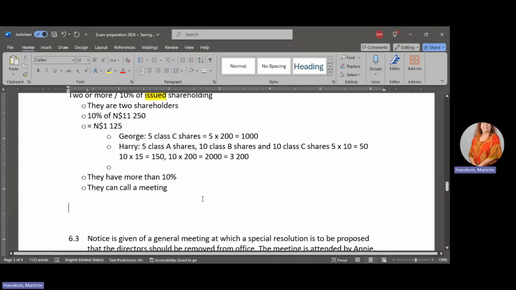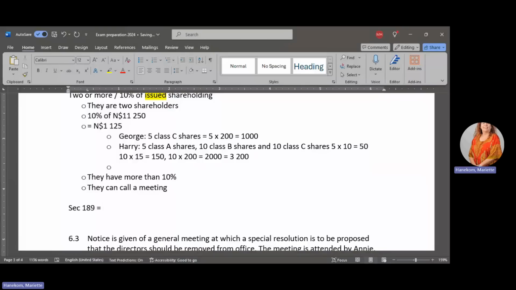Section 189. In the special test, there was a similar question, but can they call a meeting in terms of section 189, where suddenly just about everybody that wrote the special test just couldn't do this.